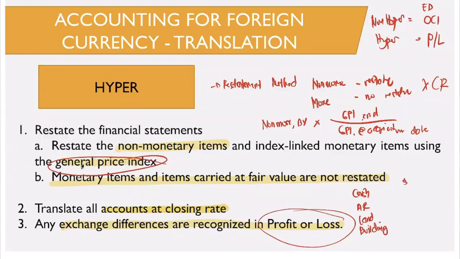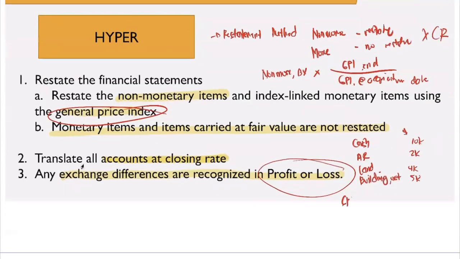Okay. So in dollars, the book values are 10,000, 2,000, 4,000, and 5,000. The building is at net. So our GPI at end is 520. The GPI at January 1, 2018, the date of purchase of land, is 120.